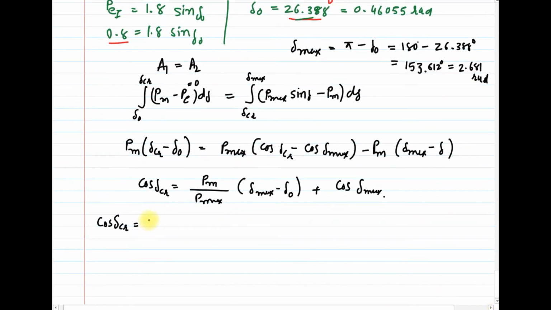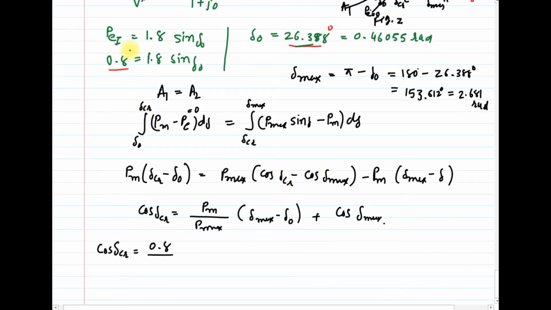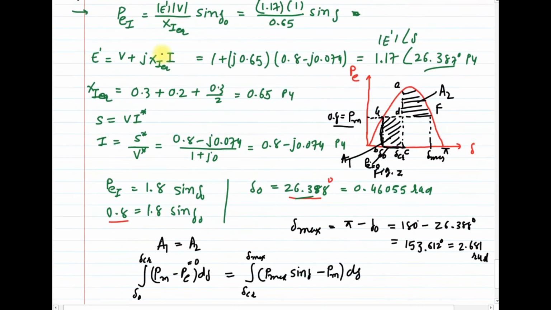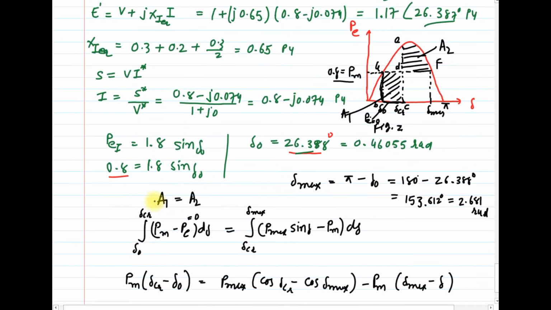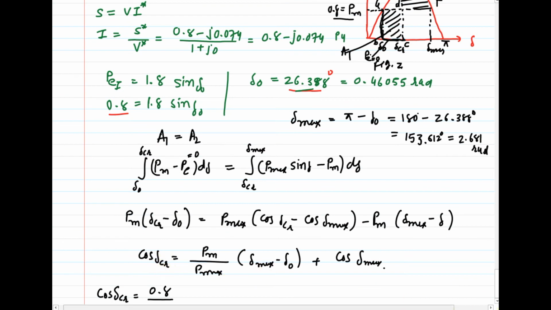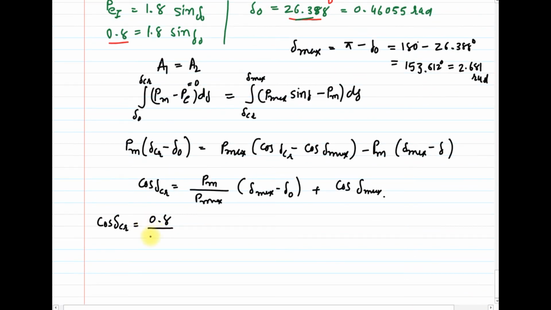Just substitute it over here, 0.8 divided by Pmax. So you have calculated the maximum power transfer, P equal to Pmax sine delta, the maximum value of which is 1.8. Clear? So 0.8 divided by 1.8.